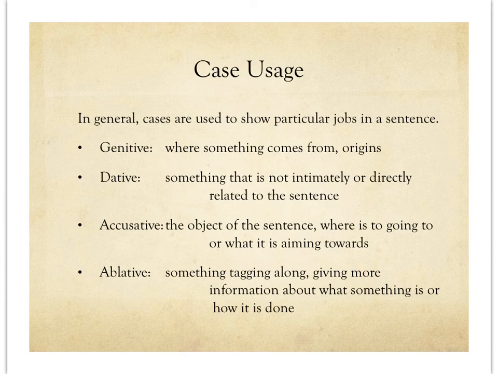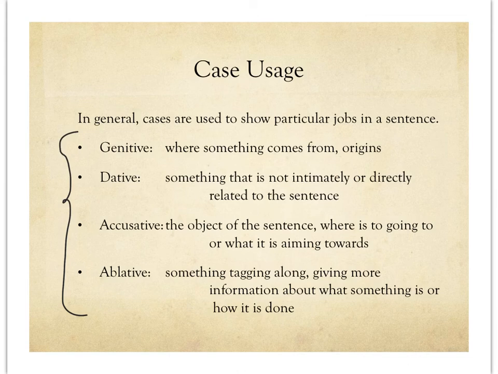So remember, we use the genitive to show possession, the dative for indirect object, the accusative for direct object, and the ablative with prepositions to mean with or by. And of course, we've seen other prepositions that take either the accusative or the ablative, but those seem like just sort of specialized uses.